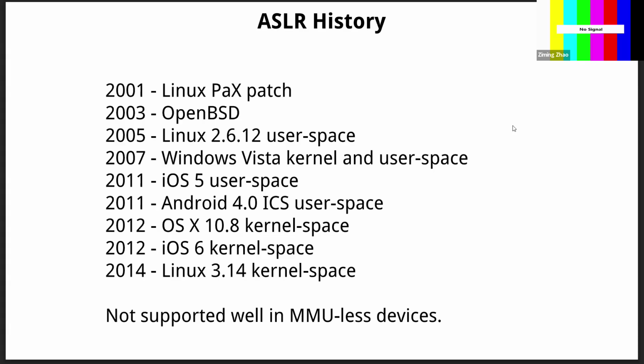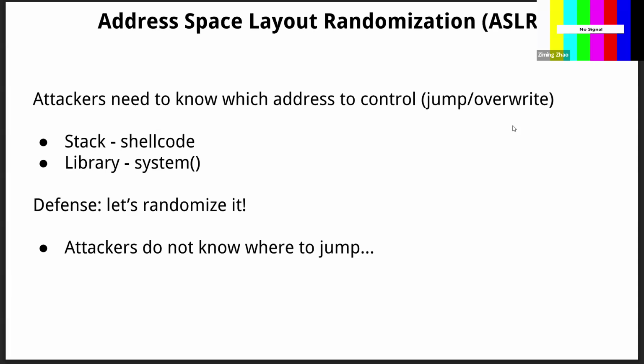You already have the hardware layer support for that. If you do not have an MMU, as in microcontroller-based systems or some low-end IoT embedded systems, implementing this would be a little bit more challenging. Especially in a lot of IoT devices, the code is in Flash, not really in memory, in DRAM. The code is in Flash and directly executes there. So it's a fixed address. If you want to randomize that, you first need to move it to memory and execute it there. There are papers talking about that as well.